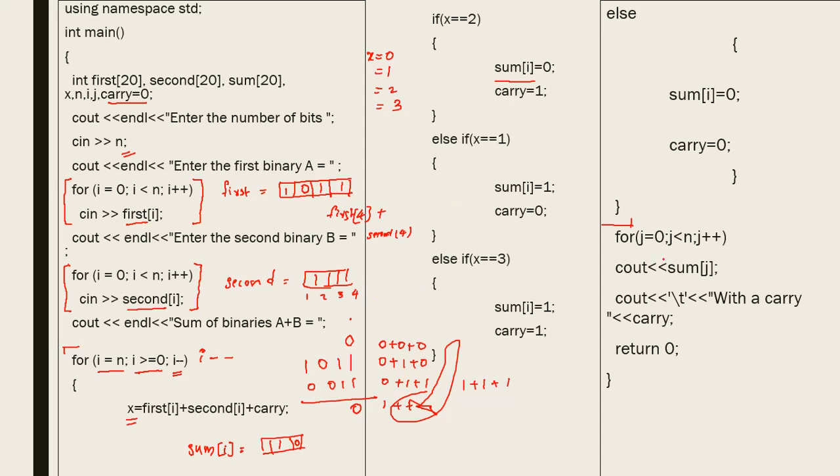Now after adding two binaries, we have to get an output from the binary. Similar to how we used a for loop to give input to a binary, in C++ you have to similarly use a for loop to get output from a binary, so that the output will start from j equal to 0 to less than n.